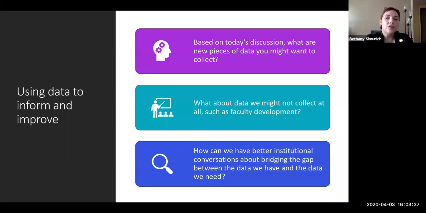Jillian, as an instructional designer, was there ever any data on courses that you wish you had when you were working with faculty? Did you ever wonder, do instructors like the instructional design process? Or asking them about satisfaction measures such as that? Yeah, that would be very interesting to know.